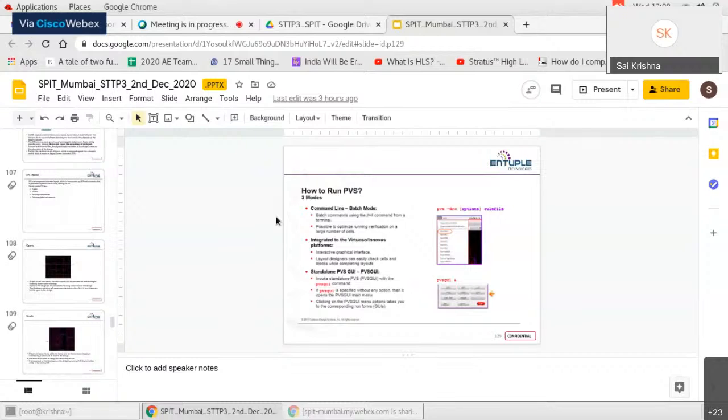One is your RTL code, which you have written. The other one is SDC, which you develop depending on your specification and design requirement. And the third one is your Liberty file, which contains all the sub-design information that is extracted and characterized from your subdesigns made from the full custom IC design flow.